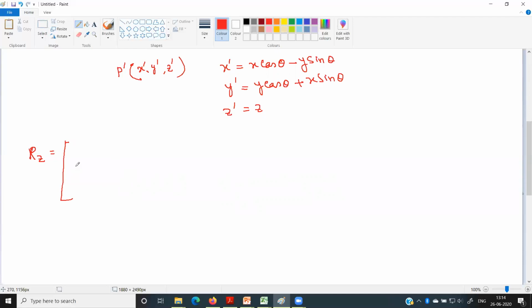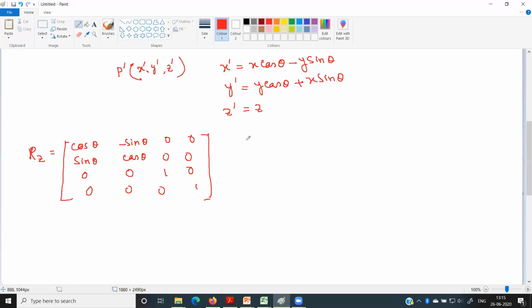So the rows will be cos theta, minus sin theta, 0, 0; then sin theta, cos theta, 0, 0; then 0, 0, 1, 0; and the last one is 0, 0, 0, 1. Okay, so this is your rotation matrix along Z direction.